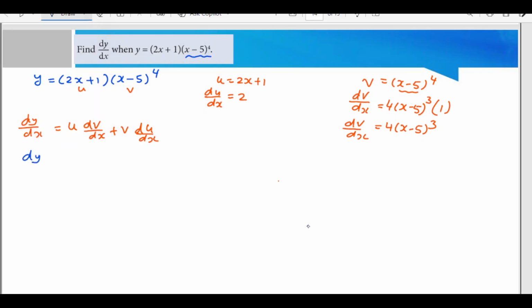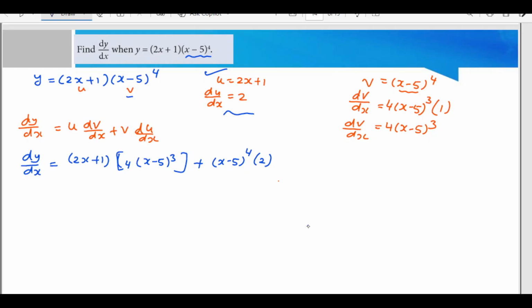This gives us dy/dx = u, which is (2x + 1), times dv/dx, which is 4(x - 5)^3, plus v, which is (x - 5)^4, times 2.